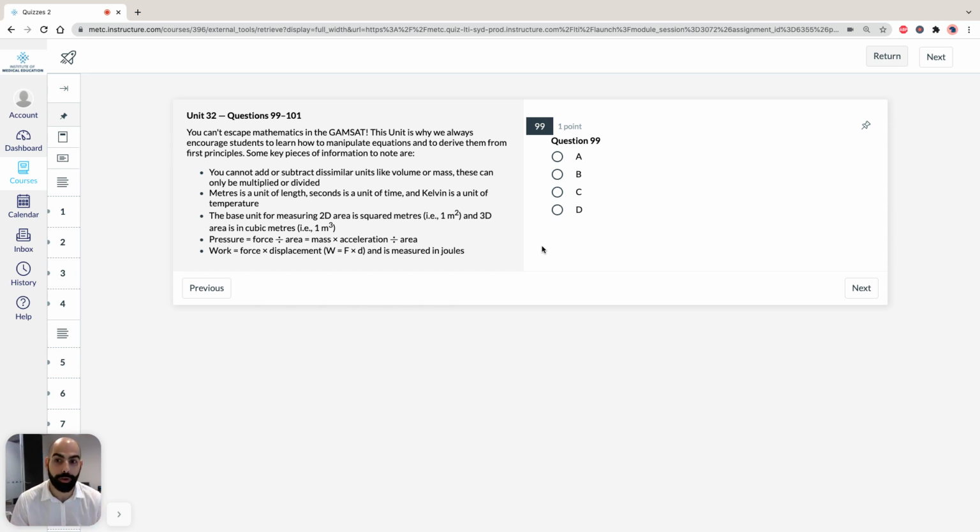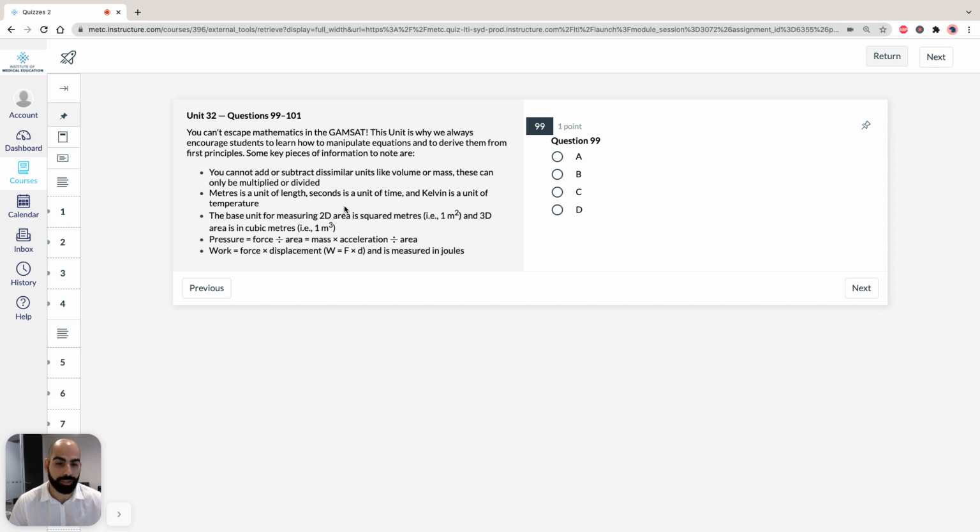So we always encourage students to learn how to manipulate equations and to derive them from first principles. Please practice that. Whenever you're doing equations for practice, take note of the units, not just the SI units, but what, for example, the units for force are, or how you can rearrange the units for, say, pressure, which we'll go through in a second.